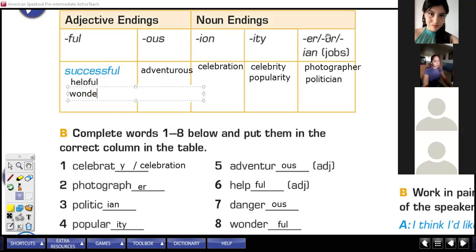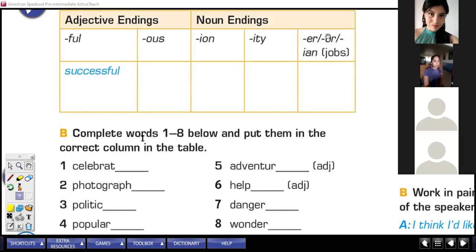Wonderful. And here you have dangerous. Okay, that is when you want to change to adjectives or nouns, and you can identify if they are nouns or if they describe. Questions about these words? No questions? Excellent. So let's clear all and continue.